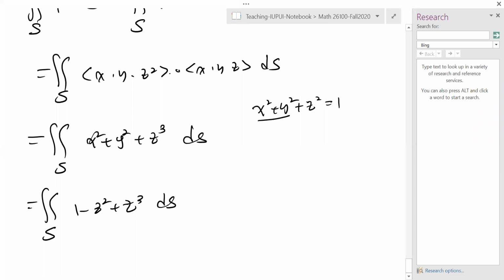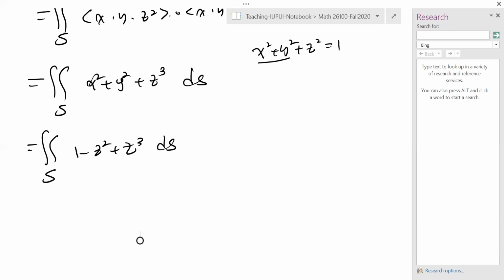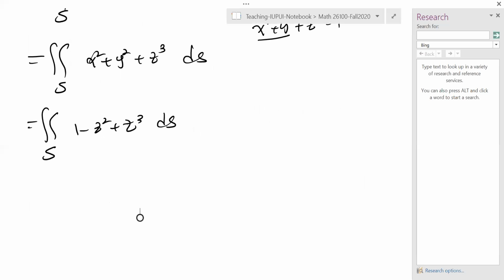So you still have to parameterize the surface as a sphere in order to complete this. I'm not going to compute it. It's a little more complicated than you thought. You have to parameterize a sphere, and it's a surface integral. It's more complicated, as you can tell, than using the divergence theorem.